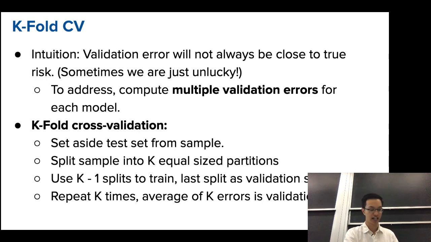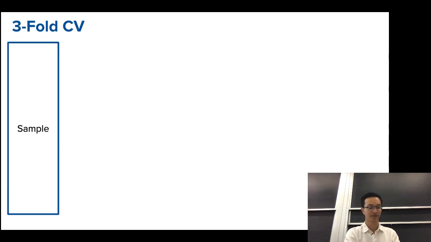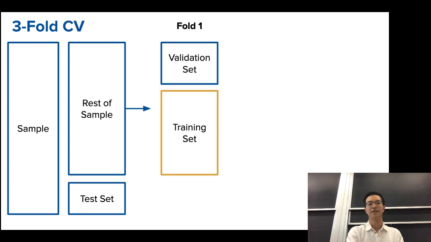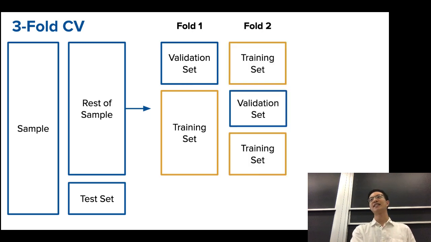I'm going to show you a diagram. Hopefully it'll be a little more clear after this diagram. Here's 3-fold cross-validation. I have my sample. I split apart my test set, and now I have fold 1, where I've taken the first segment in my sample and called it the validation set. Here's fold 2, where I take the second segment of my sample and call it the validation set.